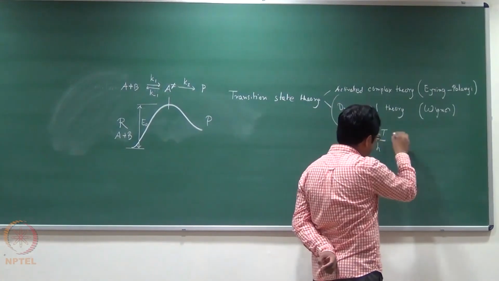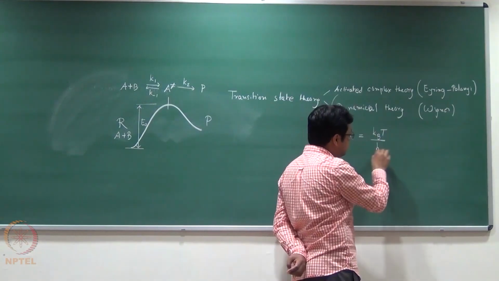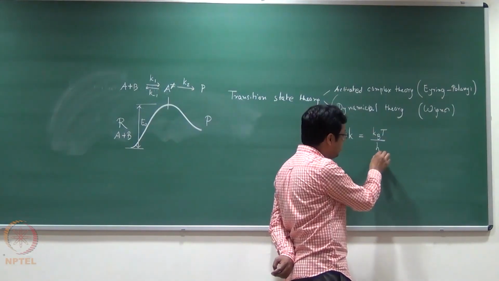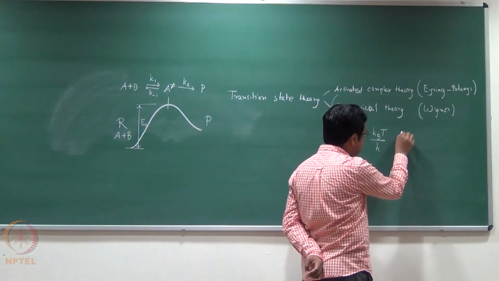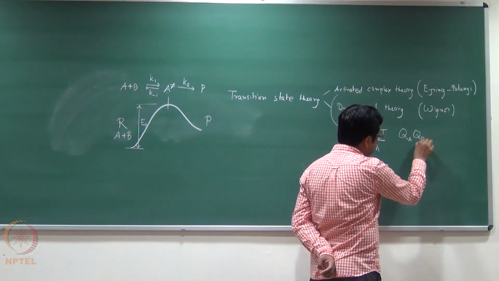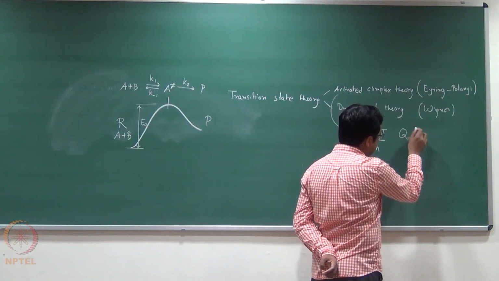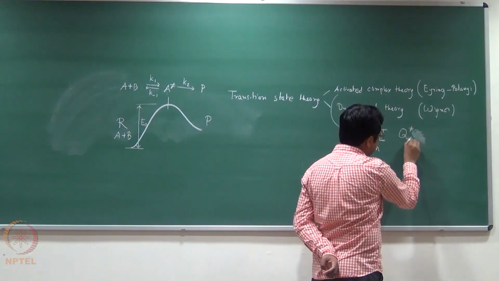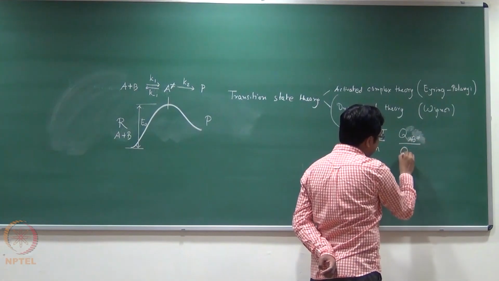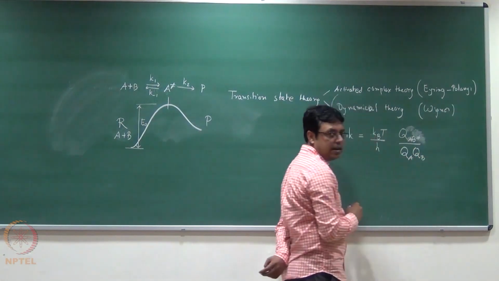The rate constant of the bimolecular reaction is a combination of constants: kB is the Boltzmann constant, T is the absolute temperature, h is the Planck constant, times the partition function for the transition state, Q_AB dagger, divided by the partition function of the reactants.